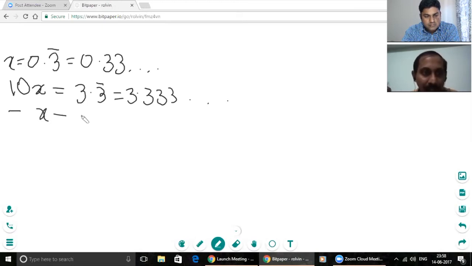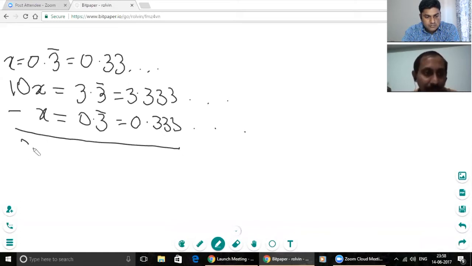When I multiply this by 10, I will get 3.3 recurring, which is 3.333 and goes on. Now let me subtract x from this 10x. x is nothing but 0.3 recurring, 0.333 goes on. When we subtract, we get 9x equal to 3, and all these recurring decimals cancel.